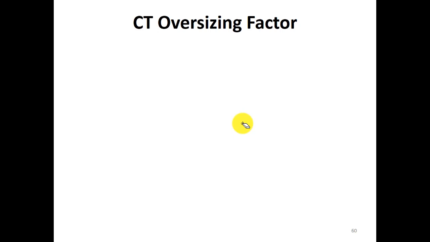So therefore, we'll now analyze how much we can enlarge the core of the CT. Is it possible, in fact, to enlarge the core of the CT which is being used in the distribution and transmission line? Let us see.